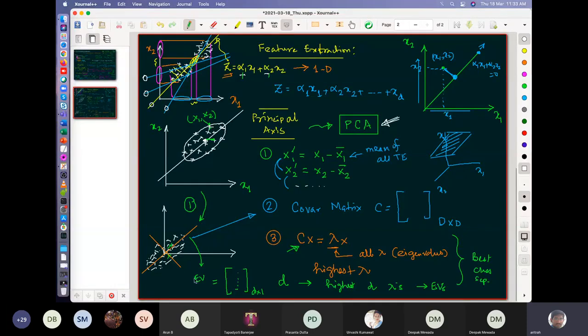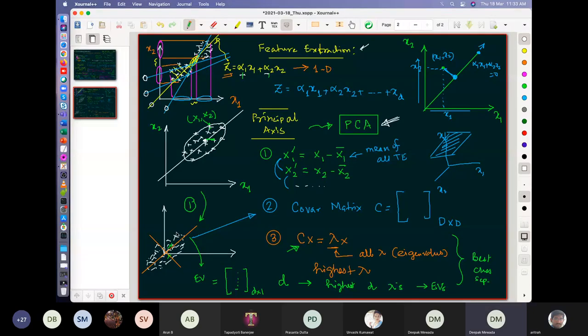The top d among them are the top d dimensions. Calculate the eigenvectors or the hyperplanes for that, and those are your projection areas where you will project and get the best KL divergence. So this is called feature extraction because this term comes from the fact that you extract a feature. It's not just given to you as an attribute and you select.